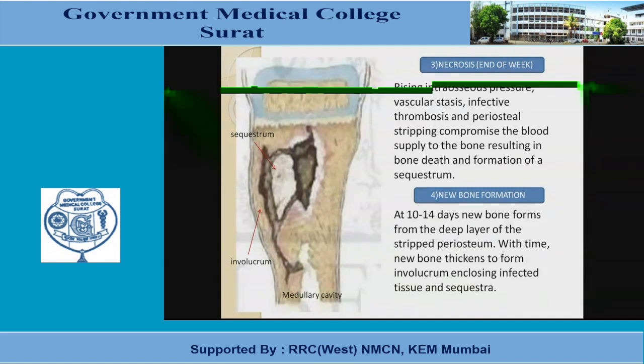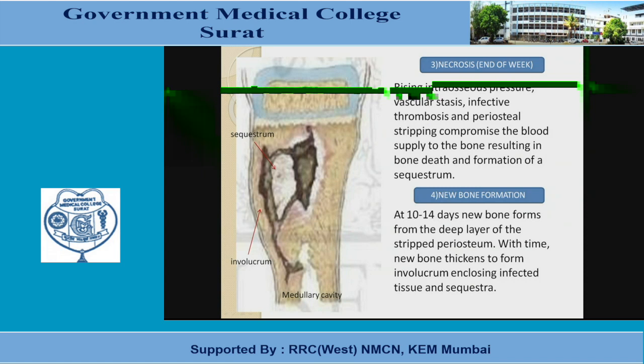So whenever the periosteum is stripped off from the cortex by the pus intervening between these two, the inner membrane can still produce new cells in response to the infection, to separate this infected dead necrotic bone from the healthy bone. So new bone starts forming alongside the sequestra. It is known as the involucrum.